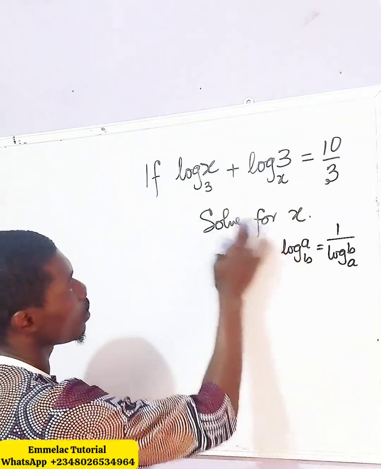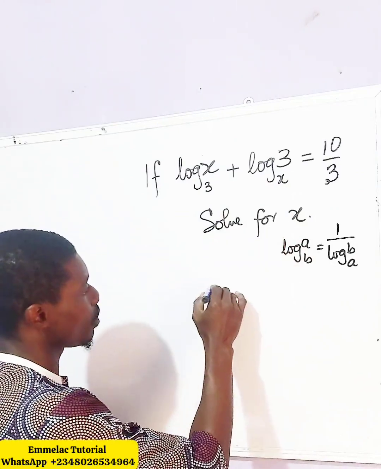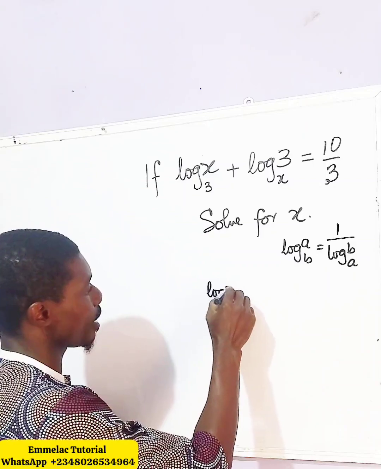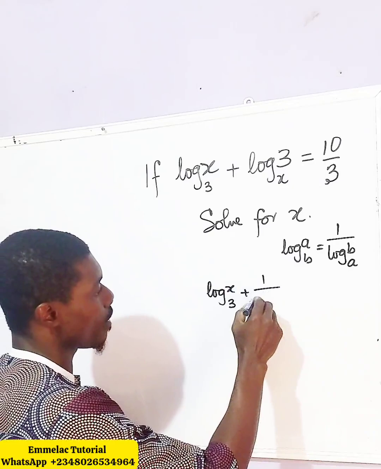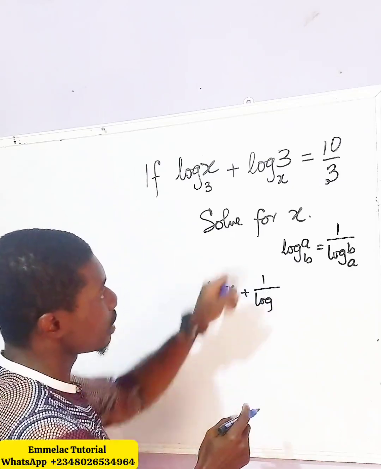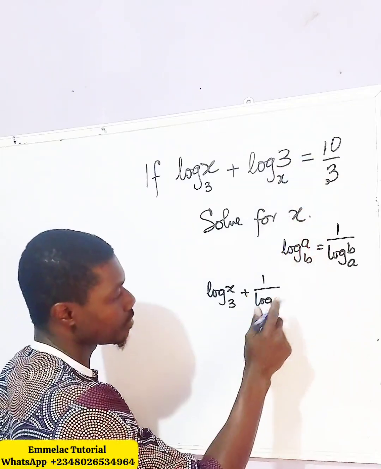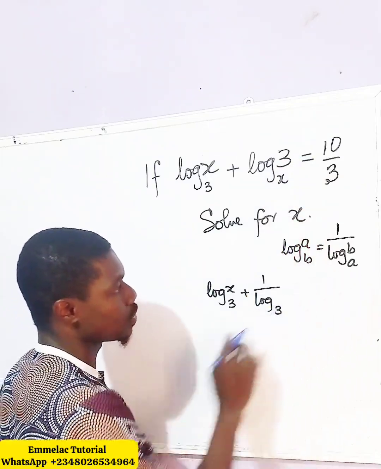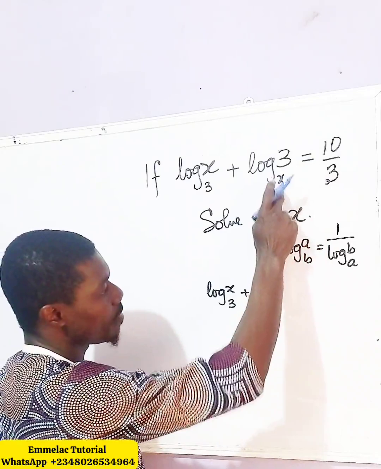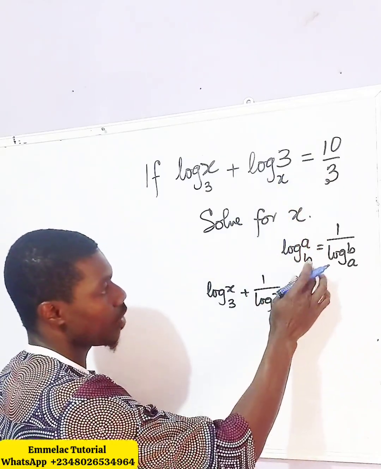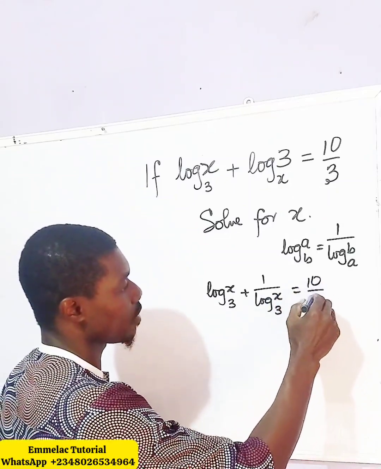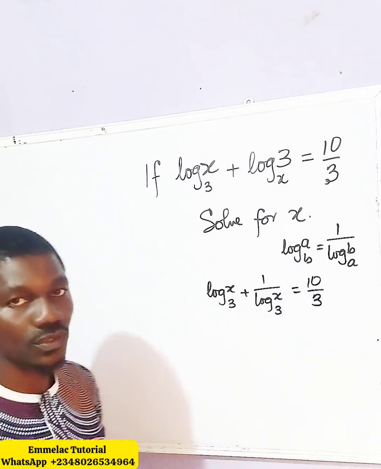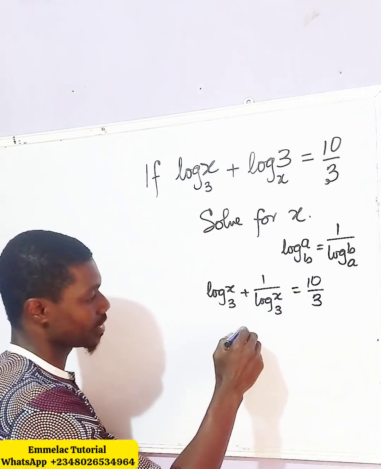Our equation on the left-hand side now becomes log x base 3 plus 1 over log. Now our 3, which is the argument, becomes the base according to this rule, and our base x becomes the argument, so equals 10 over 3.